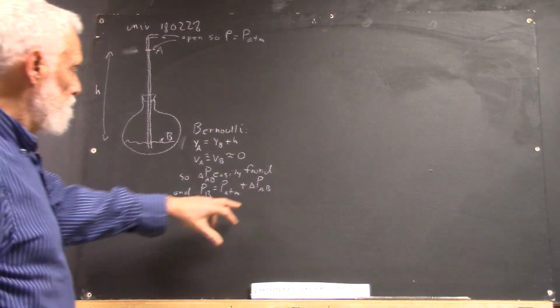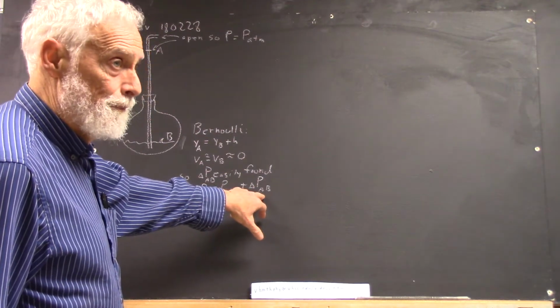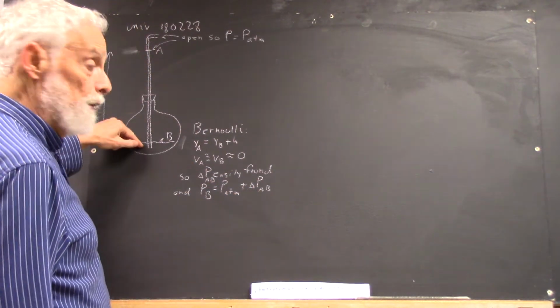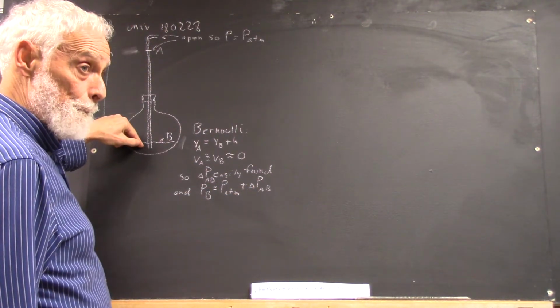Using a couple symbols, we can say delta P AB, the change in pressure from A to B. Okay?